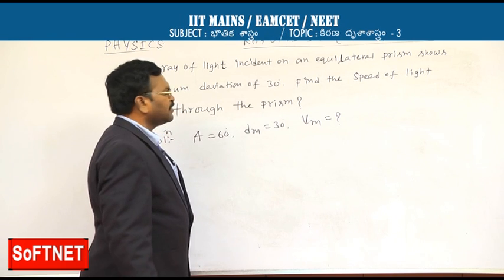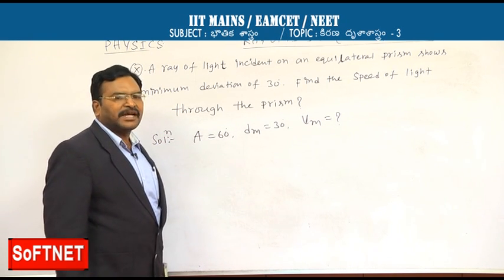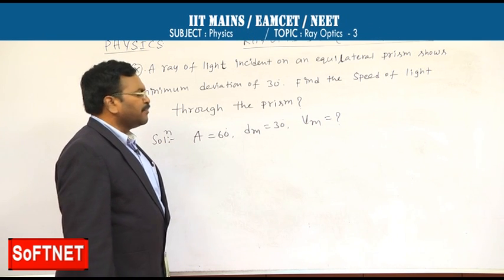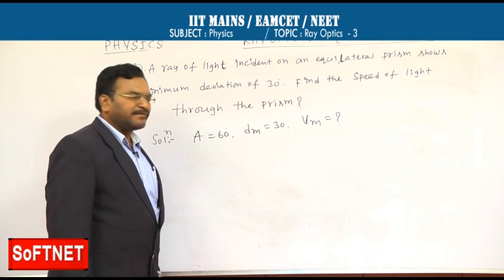How do we calculate it? The refractive index of the material of the prism, mu medium, by formula is equal to sin of (A plus Dm) by 2, divided by sin A by 2.